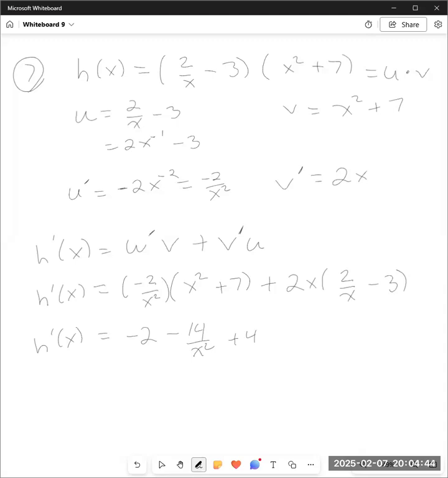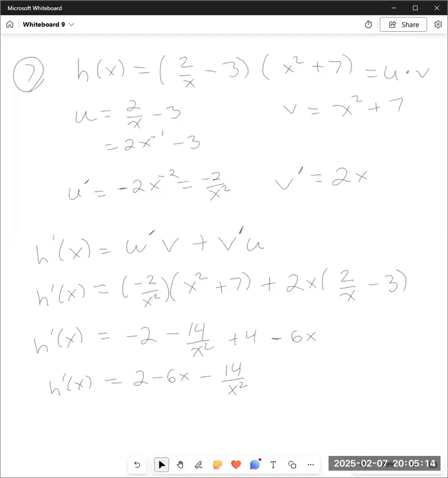And then again, a denominator of 1. This is going to be negative 3 times 2x is 6x. So combine like terms, negative 2 and 4. So this is 2 minus 6x minus 14 over x squared for h prime of x.